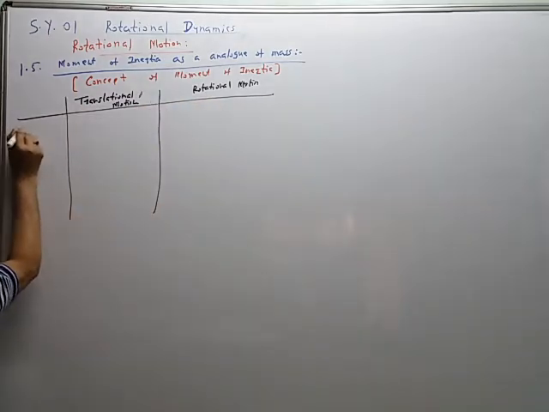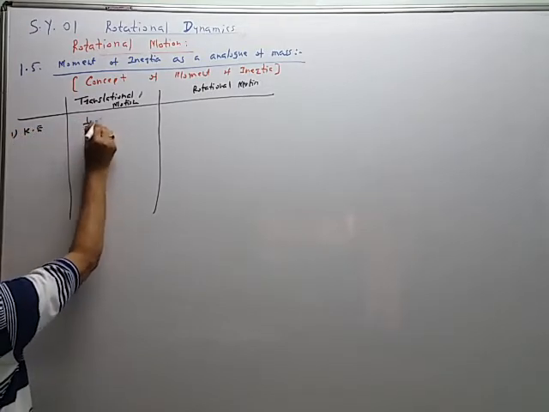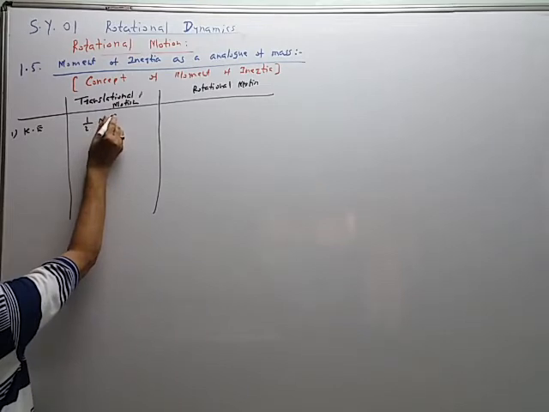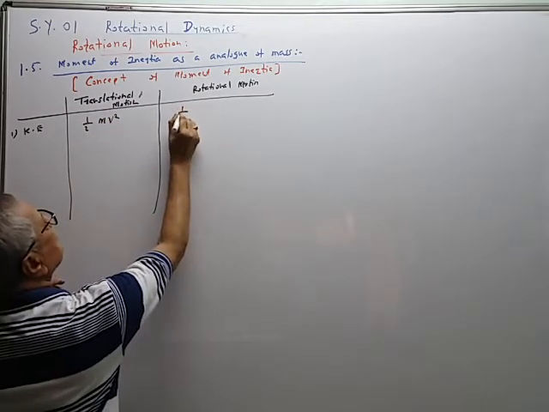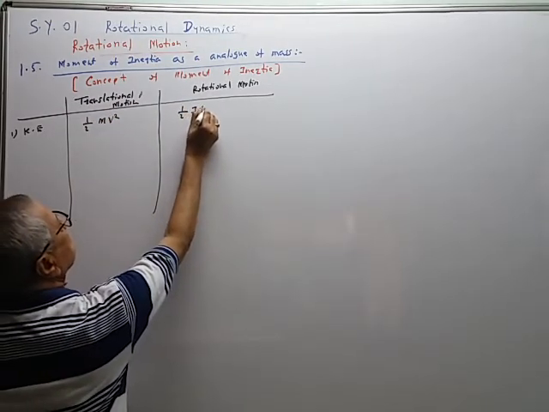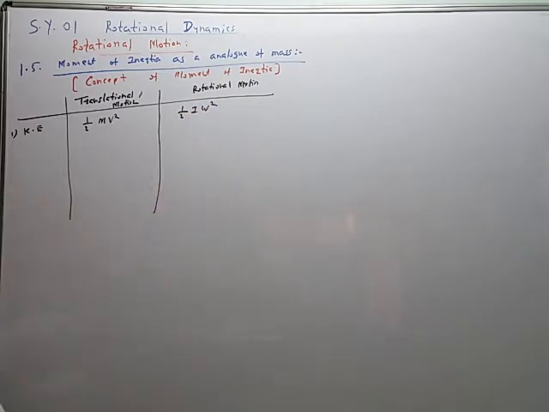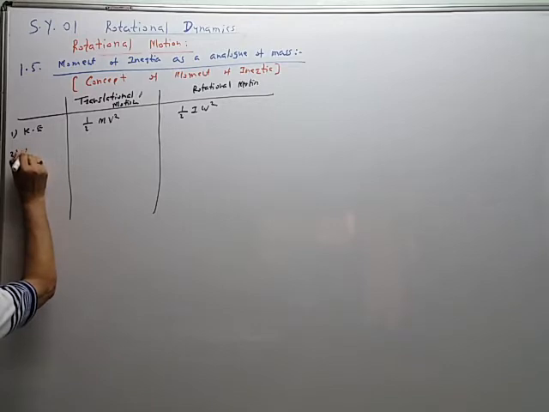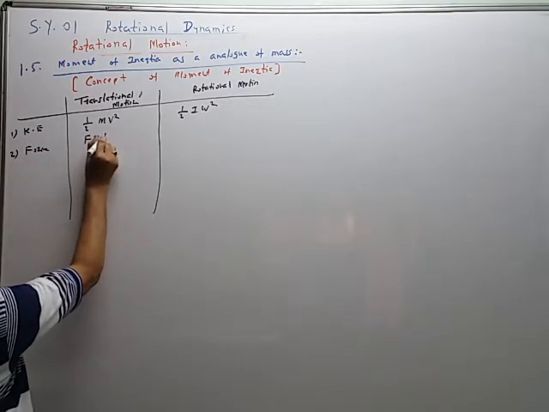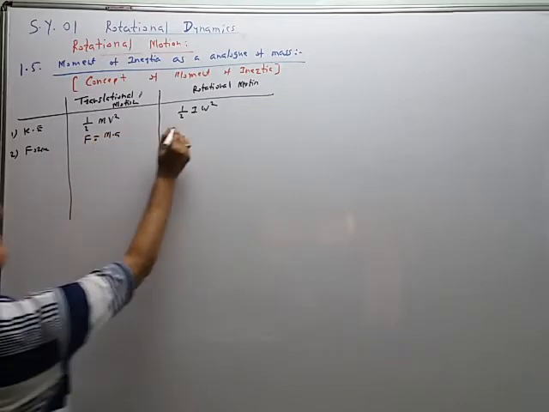So the first quantity that we are going to consider is the kinetic energy. In translational motion, the kinetic energy is given by 1/2 mv square. In rotational motion, the first relation that we have just derived is 1/2 I omega square. Second quantity, force is equal to mass into acceleration.